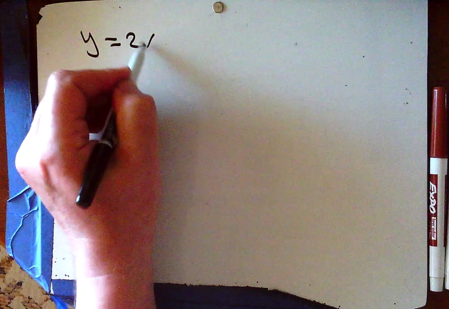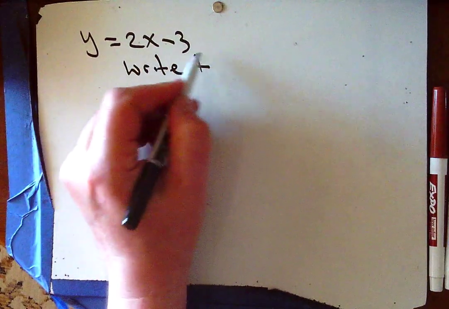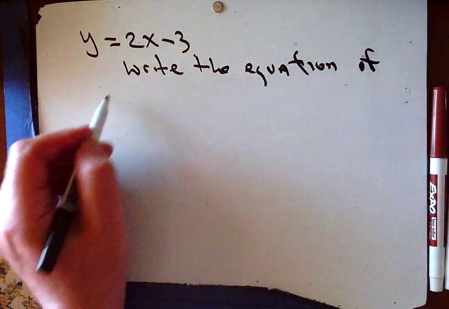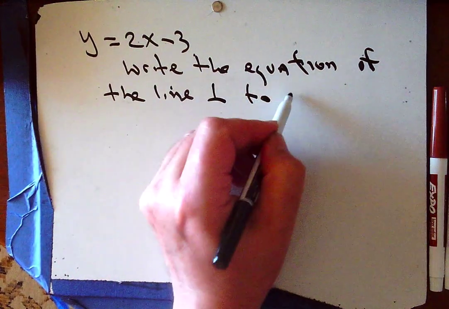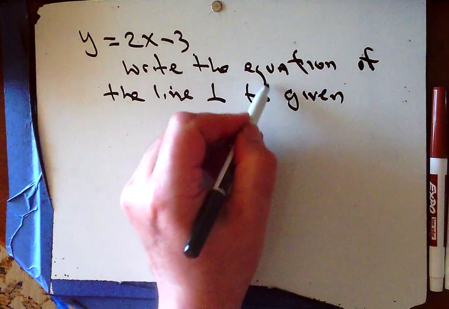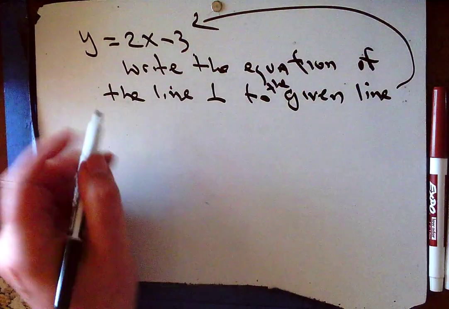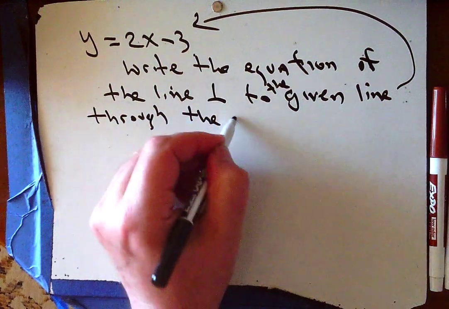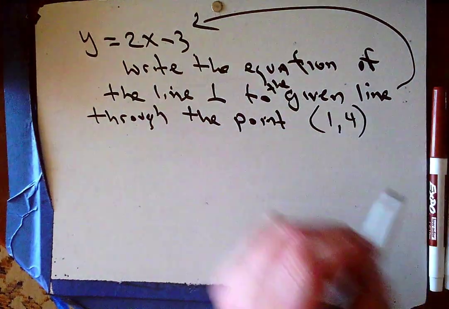Okay, so here's your question. y equals 2x minus 3. And I want to write the equation of the line perpendicular to the given line, and by the given line I mean that thing over there, through the point, and I'm going to give you a point, (1, 4).